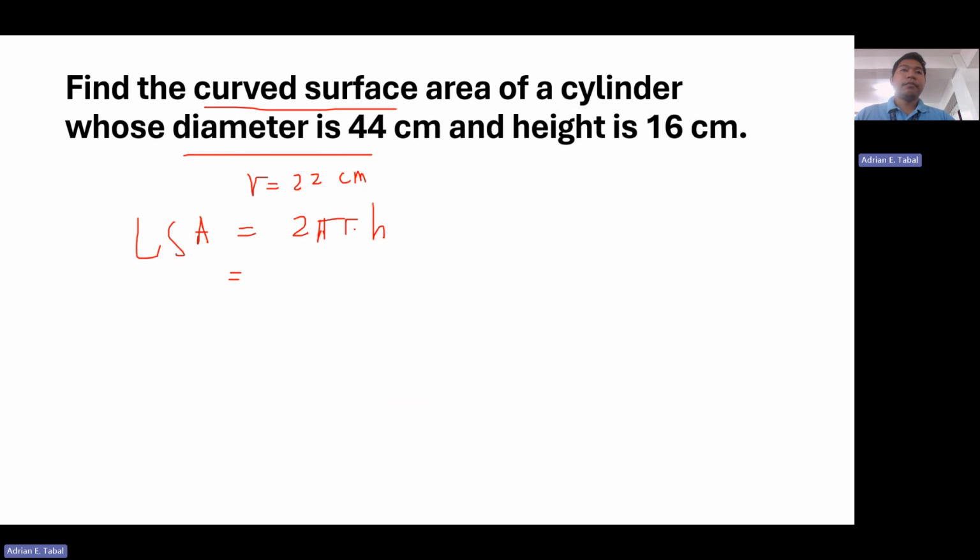Height is 16. That's 2 times 3.14 times the radius of 22 times the height of 16. So 2 times 3.14 times 22 times 16 is equivalent to 2,210.56 centimeters squared.